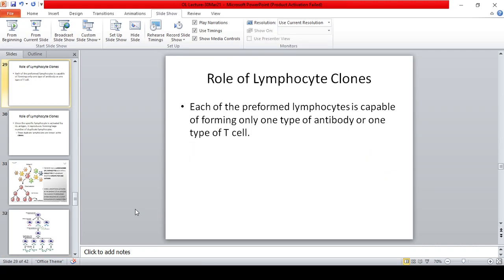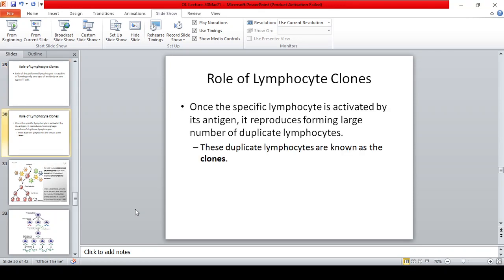Now, as we studied earlier, each of the preformed lymphocytes is capable of forming only one type of antibody or one type of T cell.